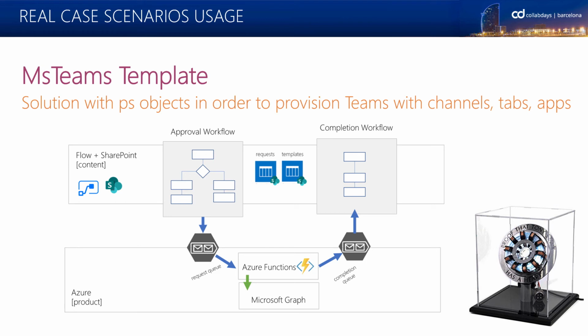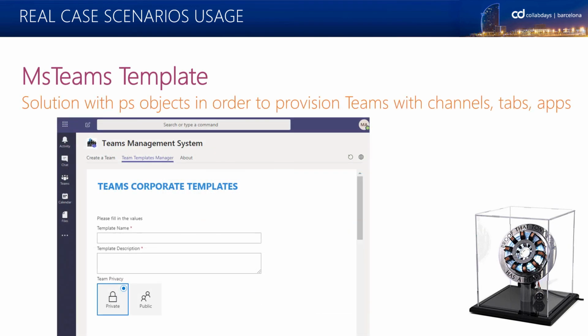If it's approved, the team is created with specific channels, specific tabs. It's everything pure PowerShell, with PowerShell classes, and we're using the same mechanism here. This is the request form that we created for creating a team, and basically that's it.